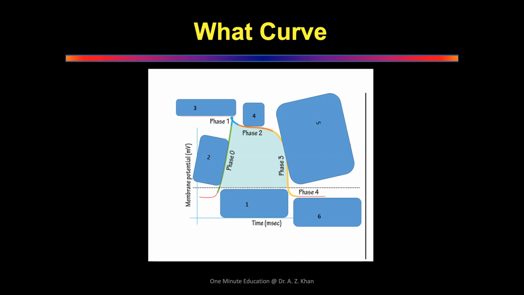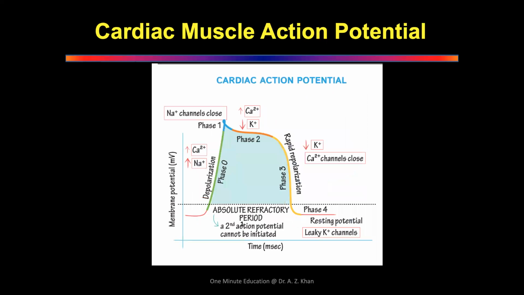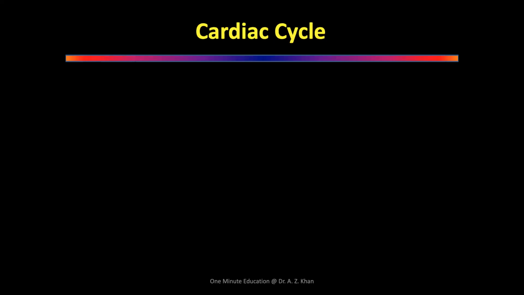Phase 3 or 5 is when calcium channels open and potassium also keeps leaving. So 6 is leaky potassium channels. Oh, okay, leaky potassium channels.